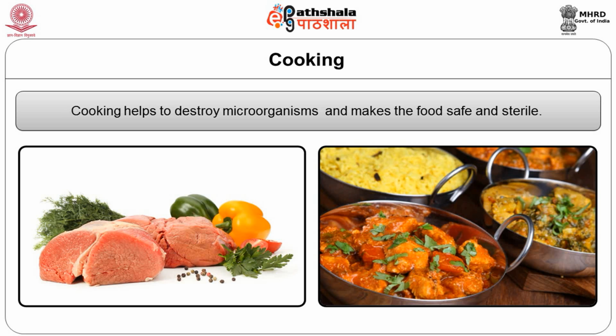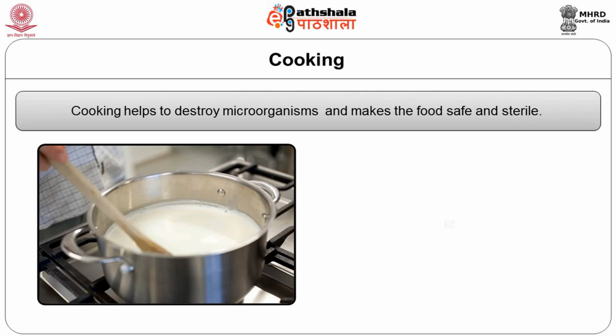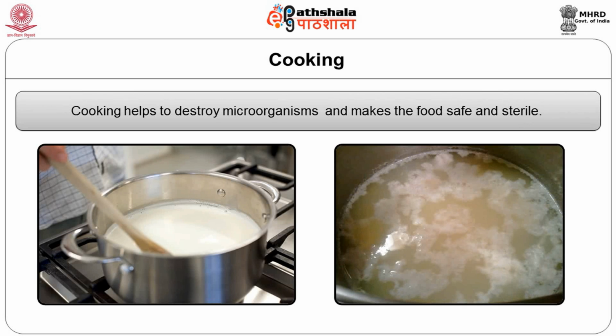Killing germs by cooking makes the food sterile and safe for eating. Do you know why we boil milk? Boiling milk helps in killing the spoilage organisms and makes it last longer. If you do not boil milk, it will get spoiled soon.